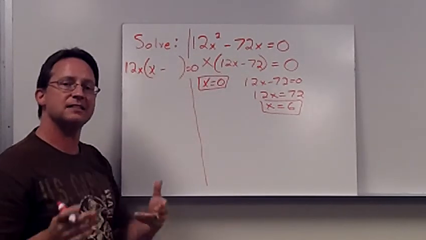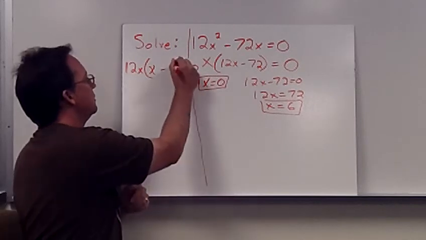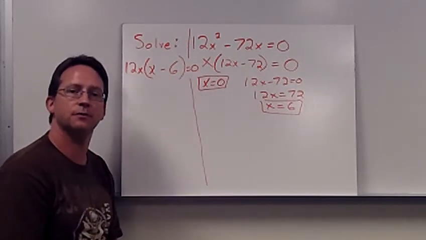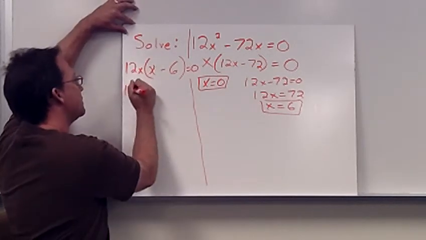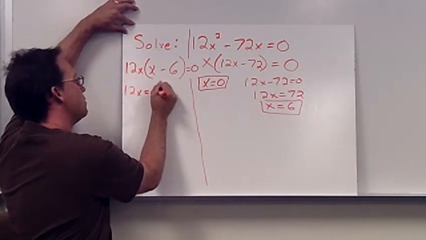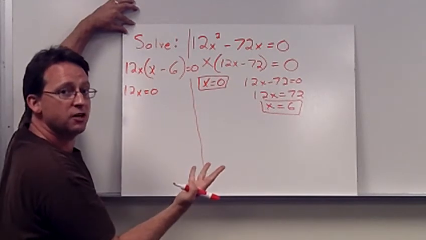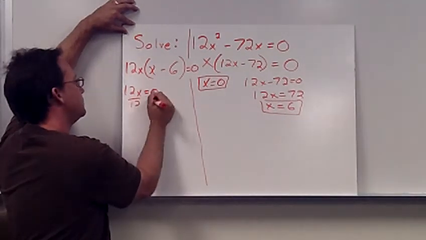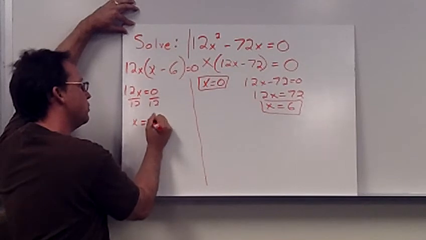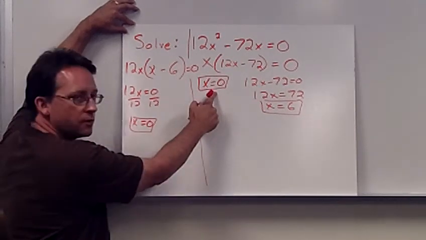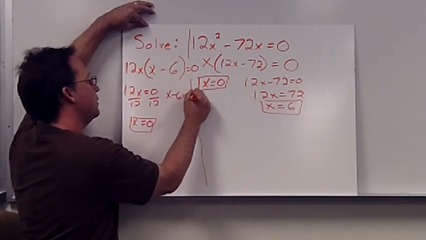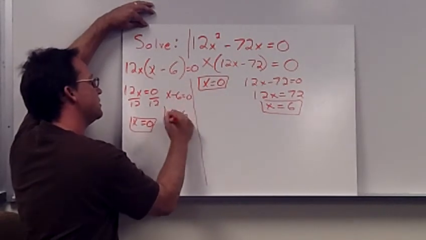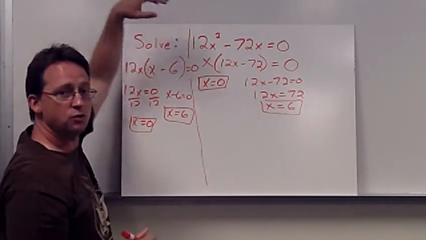If I take 12x out of 72x, I get a 6 left over. So now when I set my two factors equal to 0, 12x equals 0. Well, to solve for x, I'm going to divide by 12. And 0 divided by 12 gives me 0, which is one of the solutions we saw here. And x minus 6 equals 0. Obviously, that means x equals 6, which is the same solution we found there.